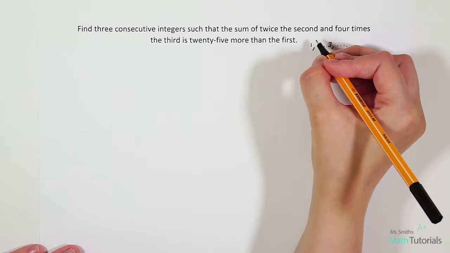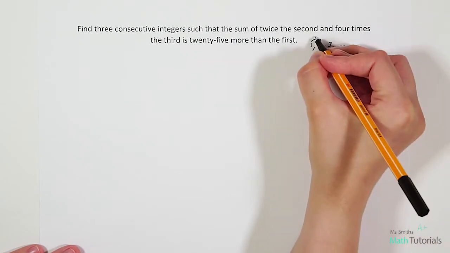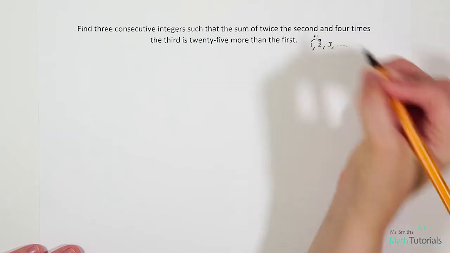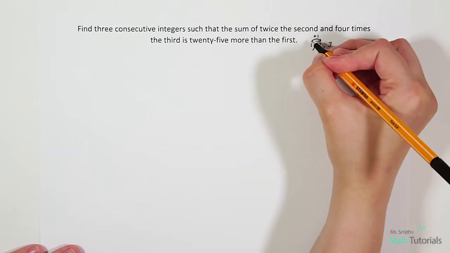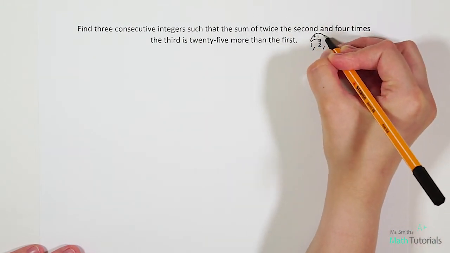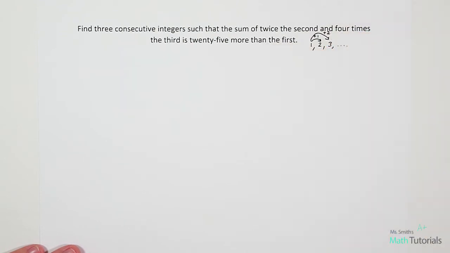To start with the first number and get to the second number, we only have to add 1, because we don't want every other number, we just want the numbers in order. And to start at the first number and go to the third number, we would just add 2.